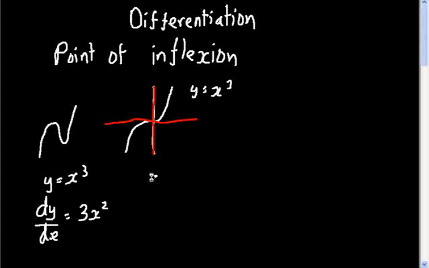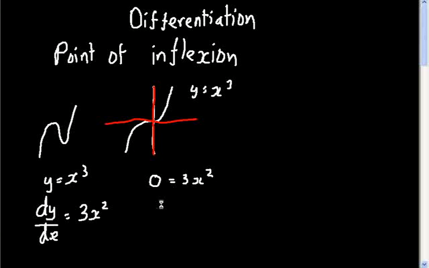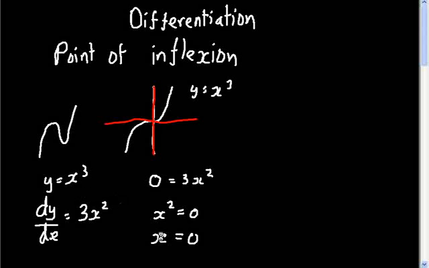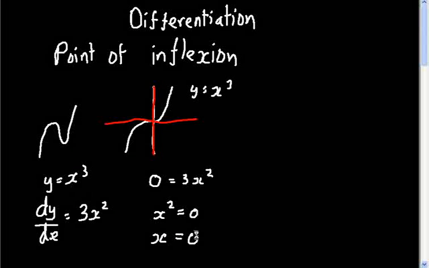And I know at my stationary point the gradient is 0, so 0 is equal to 3x squared. So therefore x squared would be equal to 0. So x has only one result, x is equal to only 0. So even though it is a cubic equation, it has only one stationary point.